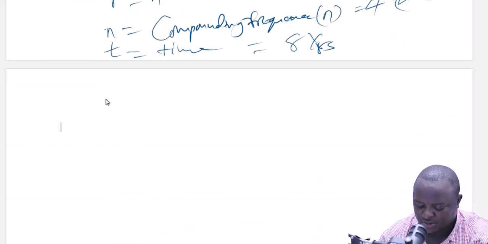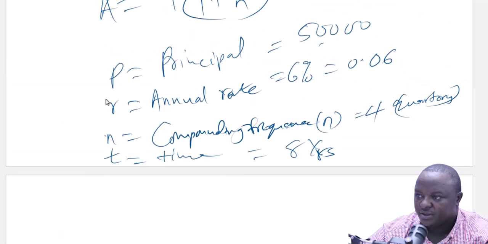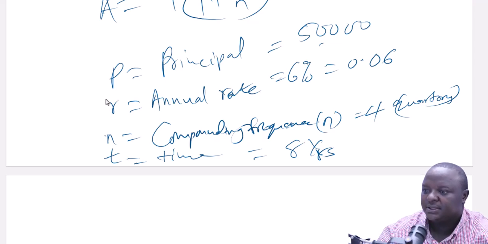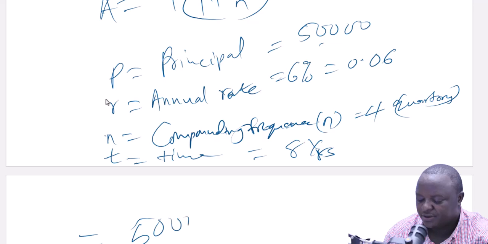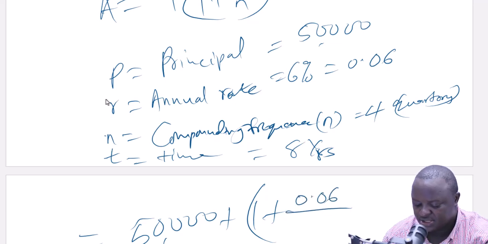So we will start by dividing the annual rate by the number of compounding periods per year. In applying the formula, we have 50,000 into brackets 1 plus 0.06, that is the rate, over 4, which is quarterly.